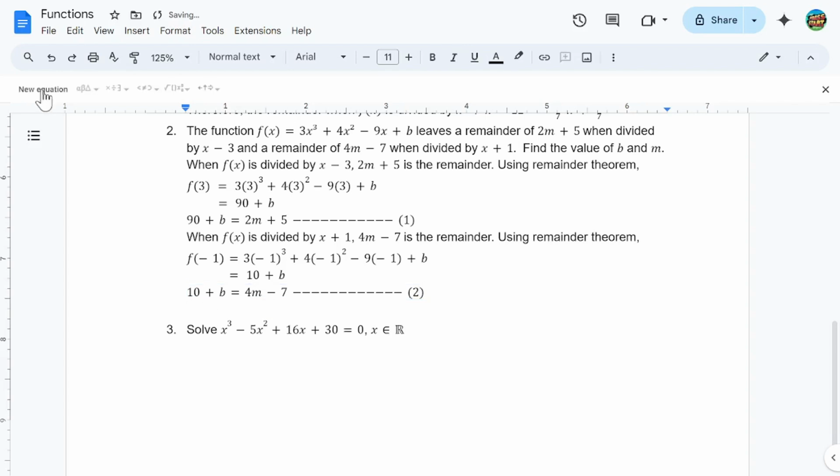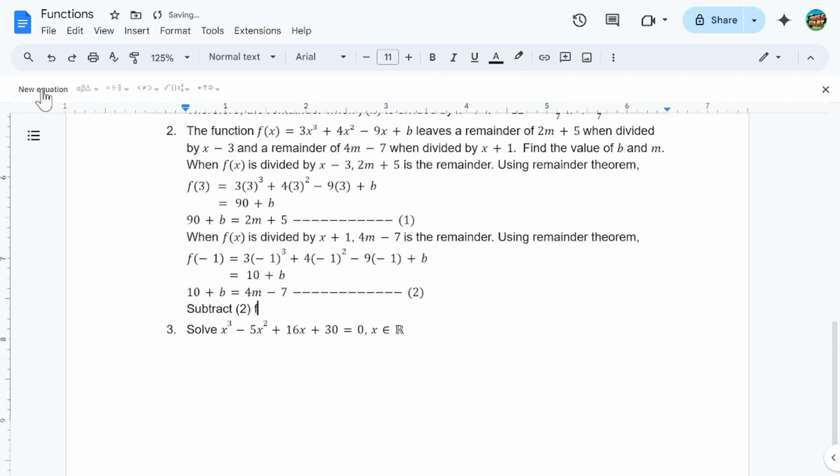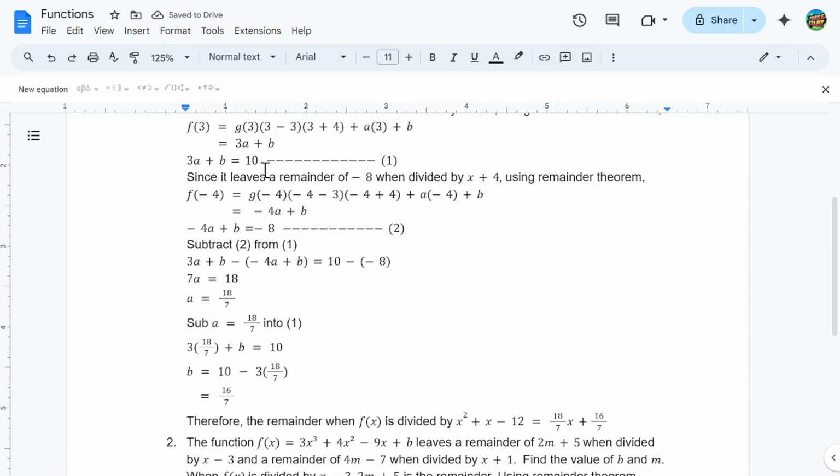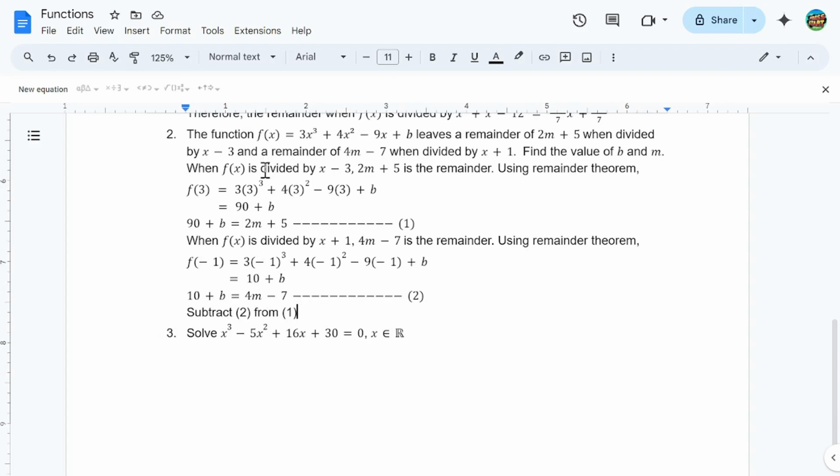So we've got two simultaneous equations already. So we must use the process of elimination. So we need to subtract 2 from 1. Same reason why I subtracted 2 from 1 in the first question, so I don't deal with negative numbers.